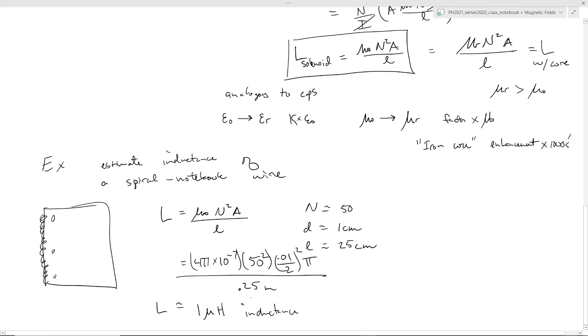And so you could imagine modifying this in different ways. Like, what if you took that coil and you have the same number of turns, but you compressed it together?